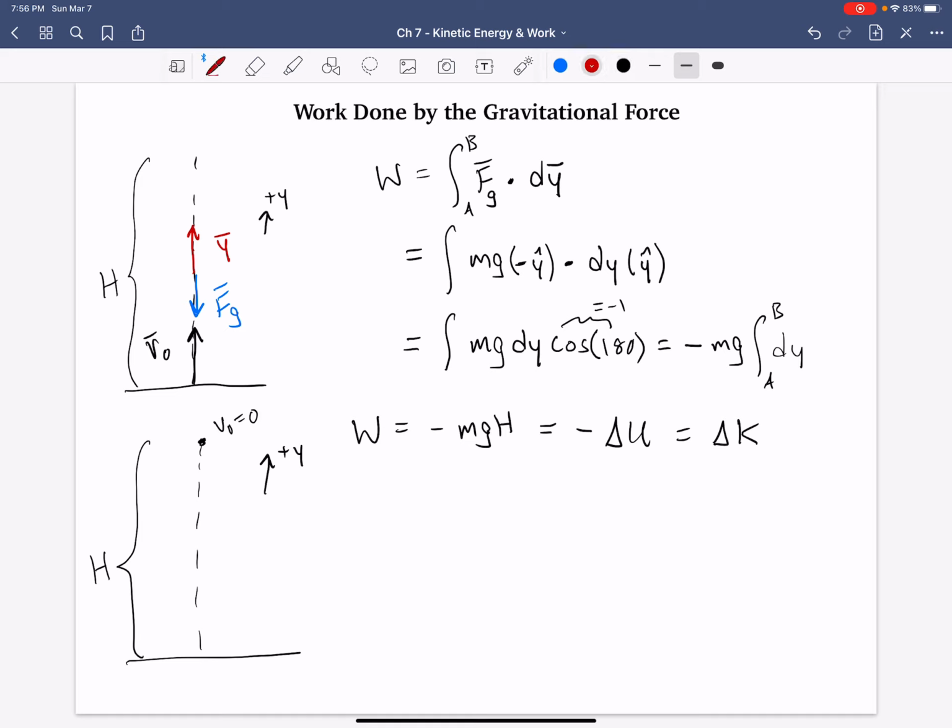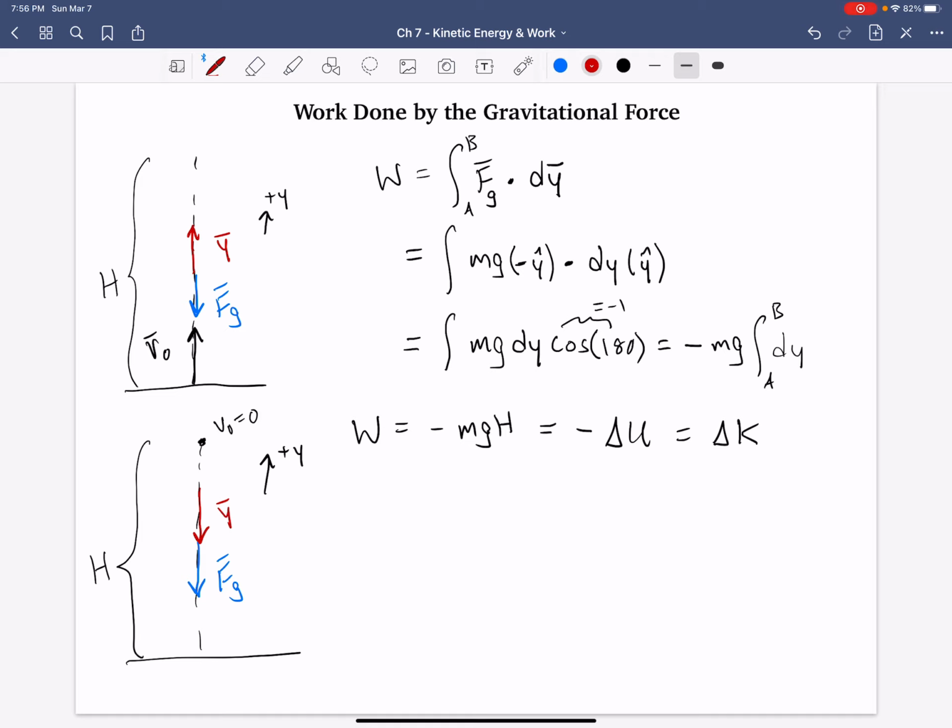On its way down, the force of gravity is still pointing down. Force of gravity in blue, downwards. Its displacement vector, well, it's moving down, so that points down now as well. So this is now in the same direction.